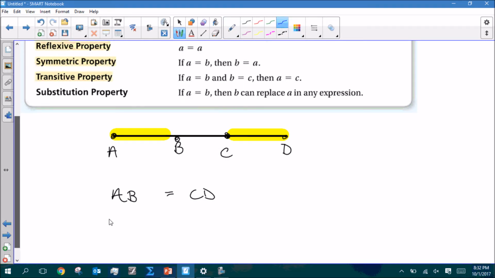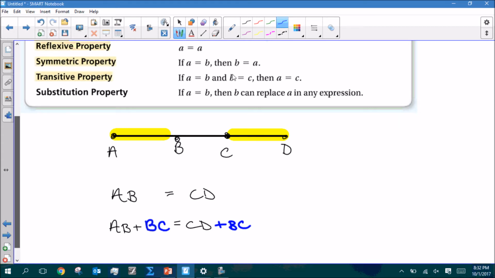Okay. Well, now I want to make the argument, and you'll see why later on, why this would be important, but now I want to say that AB plus now BC. Okay. So notice I started with the left side AB, and now I added something to that left hand side. Is equal to CD. Well, if I start with AB is equal to CD, and now I've added BC to the left-hand side, if I want to maintain this equality, I better add BC to the right-hand side.